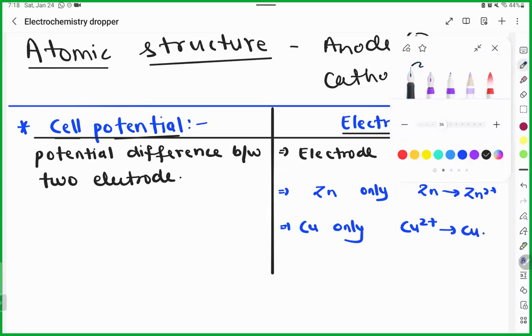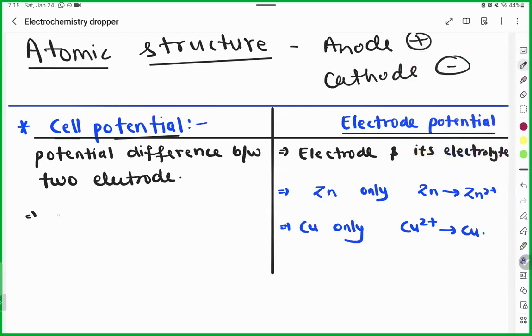Cell potential means between zinc and copper. Okay? Between zinc and copper is the cell potential. That's why in cell potential, E cell, you write E anode, E cathode, like that. E cathode minus E anode, right?